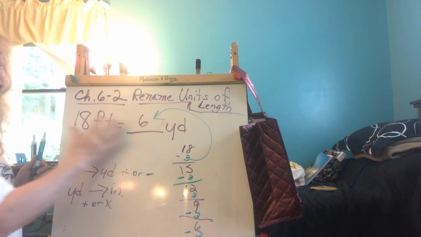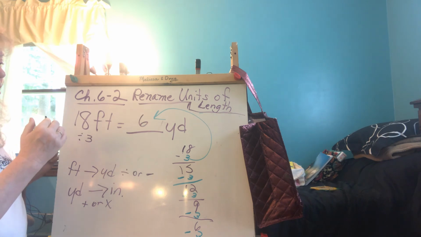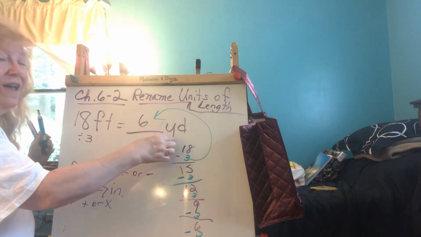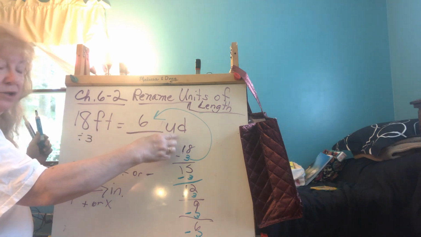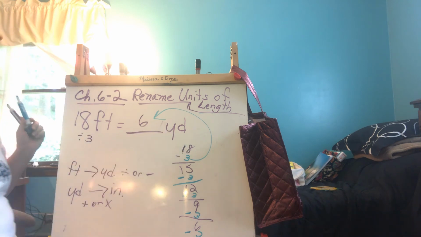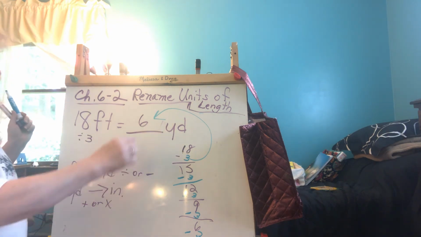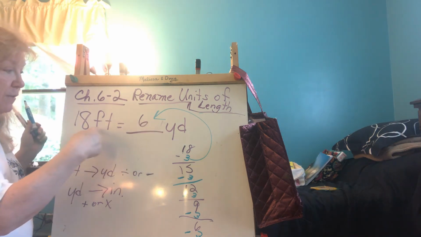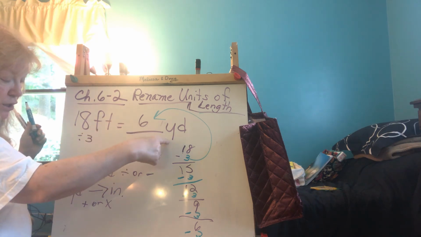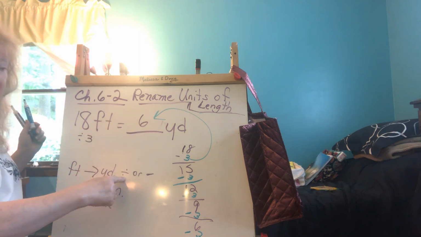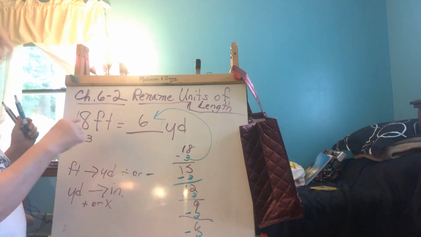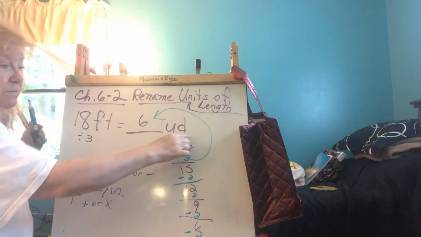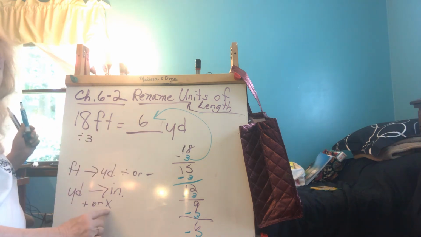When you see the thing that you either have to compare, by saying greater than, less than, or equal to, or convert 18 feet into an equivalent unit of measure, using a different unit but an equivalent measurement, then you need to ask yourself, which one's bigger? And if I'm going from smaller to bigger, then I have to divide. And if I'm going from bigger, say I was given the 6 yards and you had to tell me how many feet, if I'm going from bigger to smaller, then I would multiply.